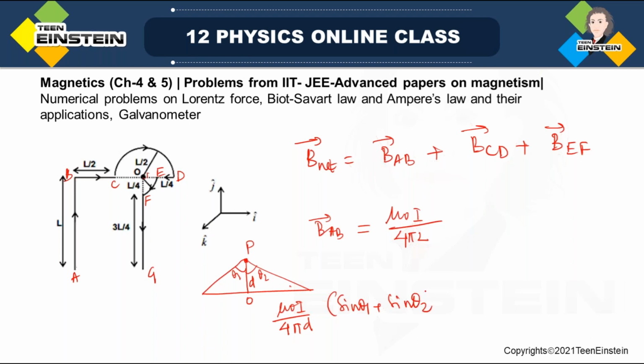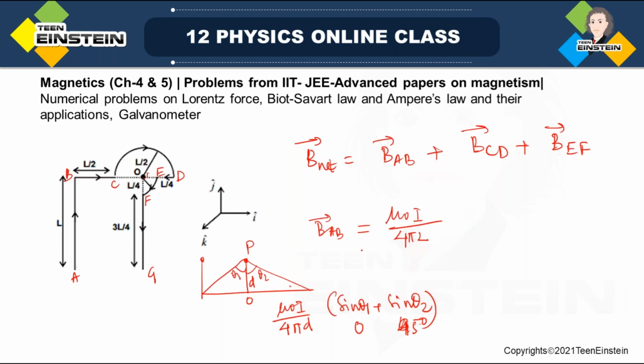I hope you remember this formula. Now in this case, for finite wires, when the point P shifts to any end, theta 1 will be 0 and theta 2 will be, in this case, 45 degree.